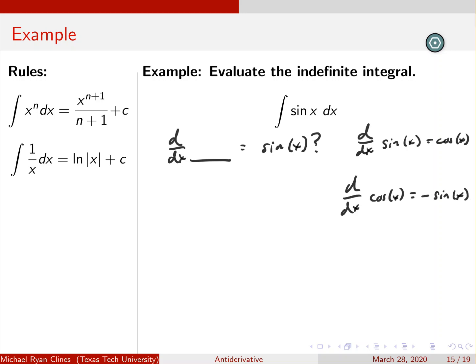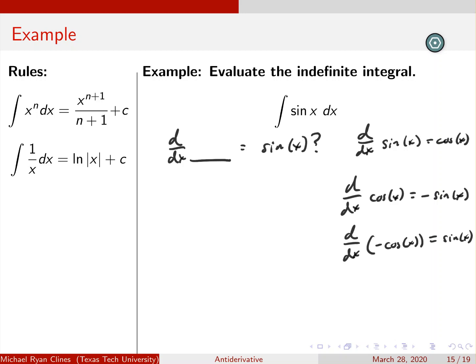Now that's real close, but there's a slight problem in this and this. This negative right here. That's a problem. But what if we take this negative and we move it to the other side? Essentially multiply both sides of this by negative 1. So we can conclude that negative d/dx, or another way to put it, the derivative with respect to x of negative cosine of x is just sine of x.